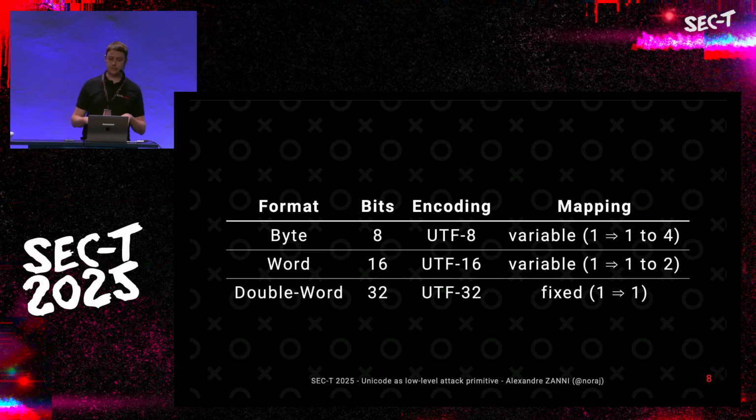I won't enter into the details of how the encodings work, and I will mostly focus on UTF-8, but just so you know, when we are talking about Unicode encodings, a character can be encoded into a variable length. For example, for UTF-8, it can be 1 byte up to 4 bytes.